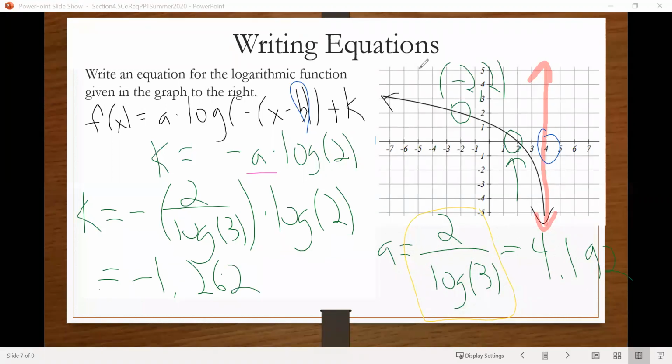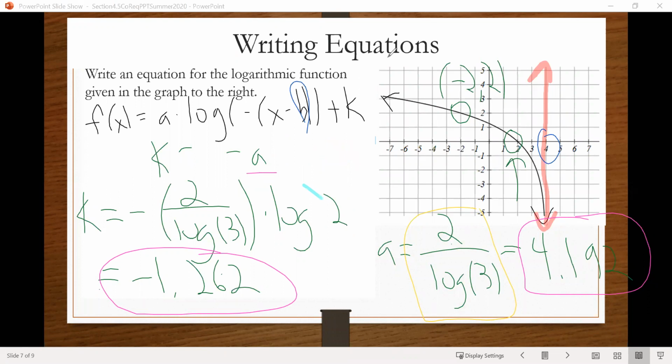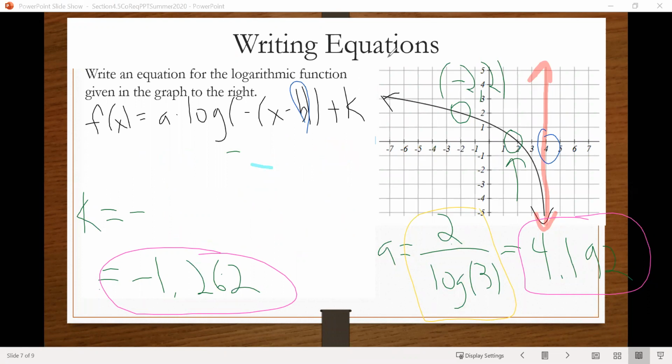Okay, so now we have the values for both a and k. We can plug them into our equation up above to finally write the full formula for this function here. I should also mention we have the value for b as well. We had that from the vertical asymptote.